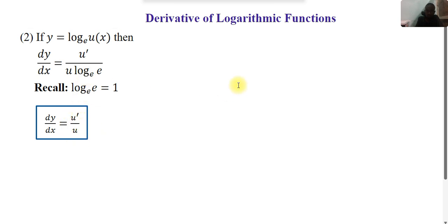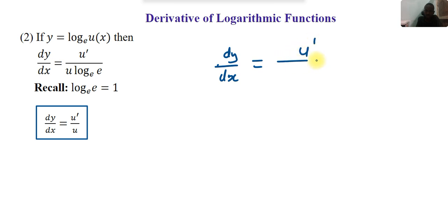Because once we have expressed this dy dx, which is equal to u prime over u log e base e, I said earlier on that log e base e is 1.